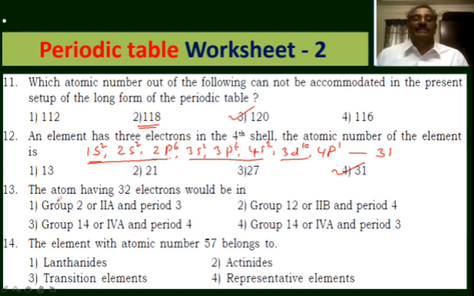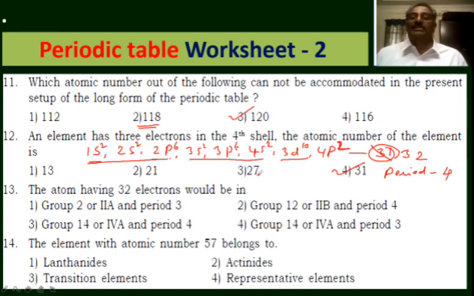For the element with atomic number 32, the electronic configuration will be 1s2, 2s2, 2p6, 3s2, 3p6, 4s2, 3d10, 4p2. The valence shell is the fourth shell, so the period is 4. That element belongs to the fourth period.